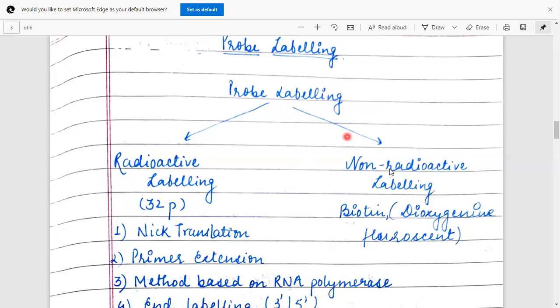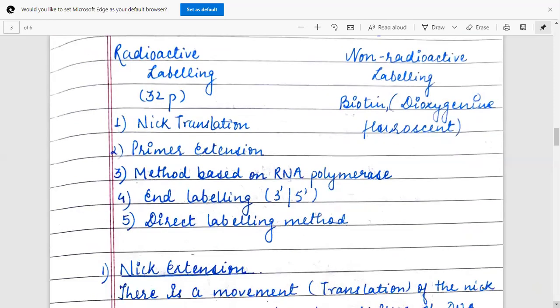In the radioactive labeling we can use 32 phosphorus, while for non-radioactive labeling, things like biotin, digoxigenin, and fluorescent molecules can be used. So what are the ways? First one, the Nick translation that I was just discussing with you. The Nick translation, then the primer extension method, the method based on RNA polymerase, and the direct labeling method.